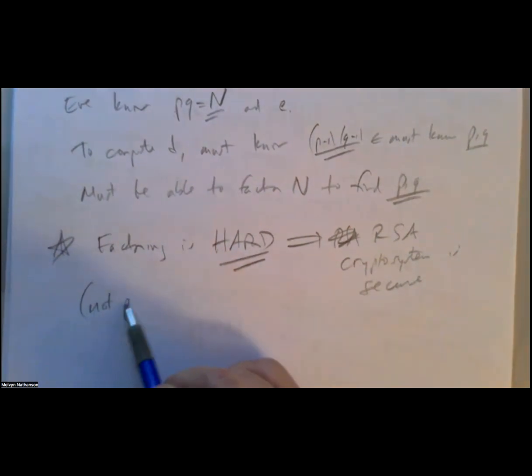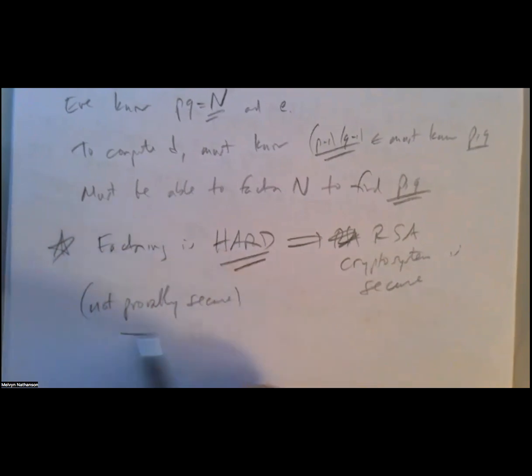Factoring is hard implies the RSA crypto system is secure. I should emphasize it's not provably secure, because no one can prove that someone somewhere isn't smart enough to figure out a new factoring method that works.